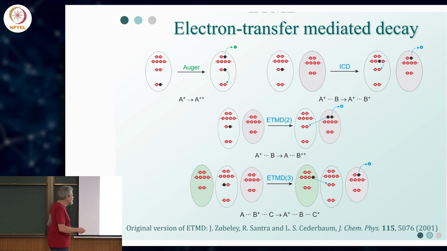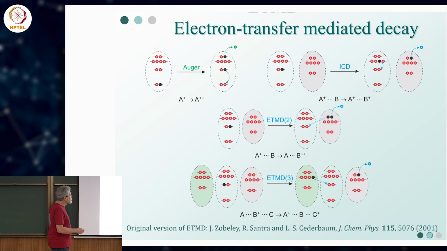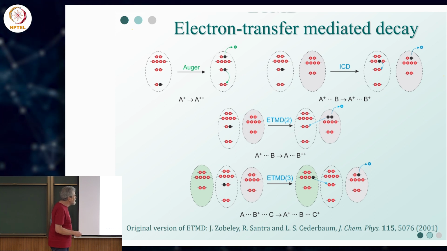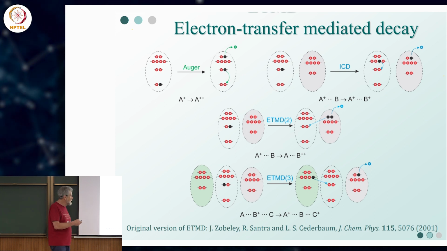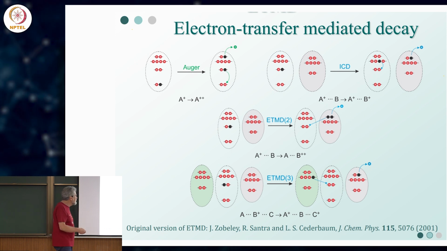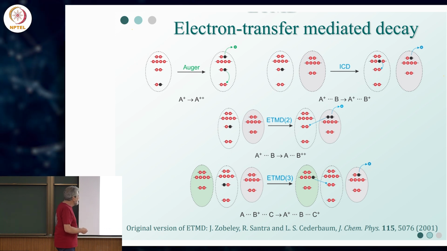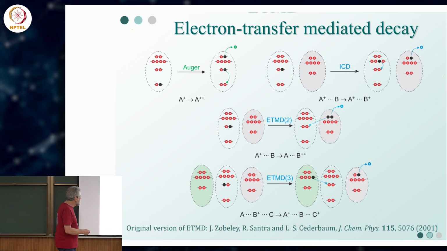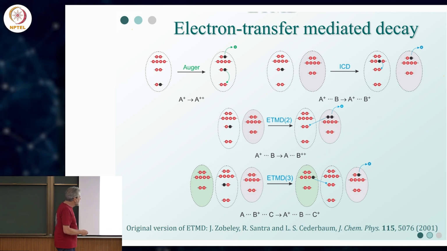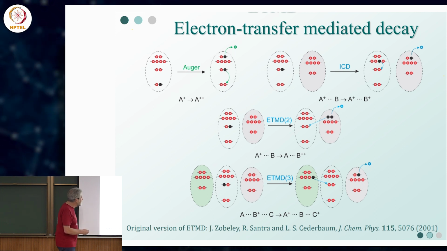It doesn't really matter. Now, originally, we discovered while we studied ICD that there is another process. It came out from the calculations, and the process we called ETMD. I will explain in a moment what it is. The meaning of, it's written here, Electron Transfer Mediated Decay.